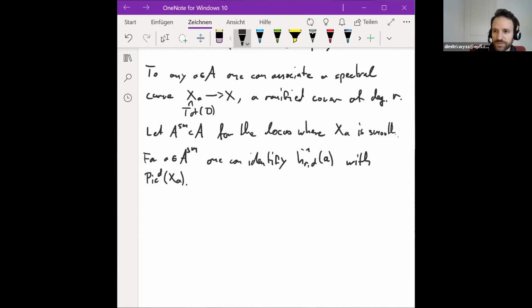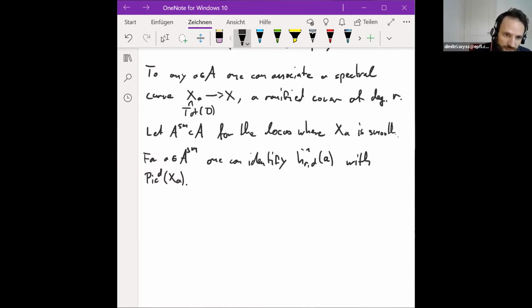Okay, so in particular, in this generic case, the fibers are abelian in some sense, or torsors over abelian varieties, which is what we will use a lot.